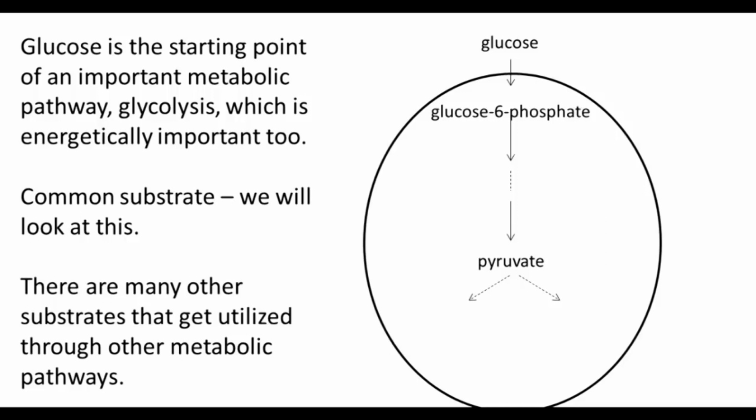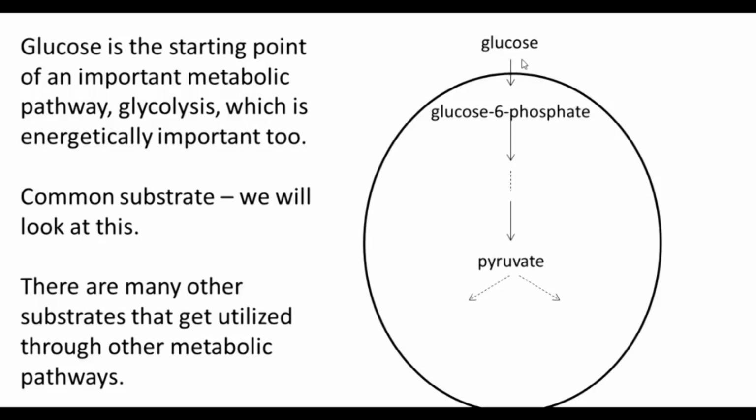Usually, glucose, which is provided in the extracellular space, gets transported into the cell through glucose transporters in the membrane. Then it gets converted to glucose 6-phosphate through an enzymatic reaction, and to fructose 6-phosphate through another enzymatic reaction, and so on and so forth, until it reaches what is called a pyruvate, which is an important branch point in the metabolic pathway.